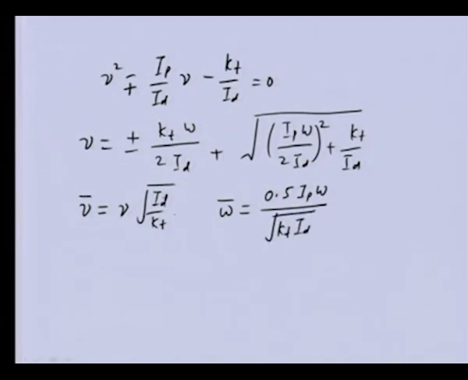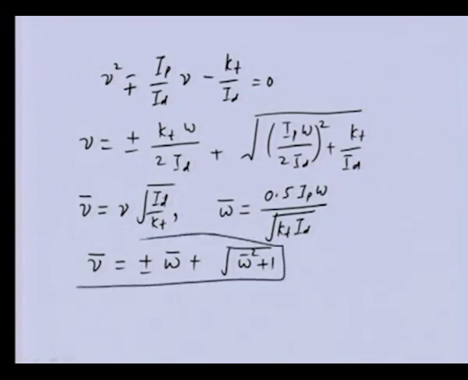Now, with these 2 non-dimensional terms, if we use them in this equation, it will get simplified to nu bar equals omega bar plus or minus the square root of omega bar square plus 1. So, this is a simple equation. Now, this we can plot.